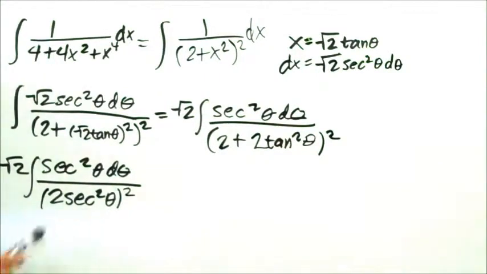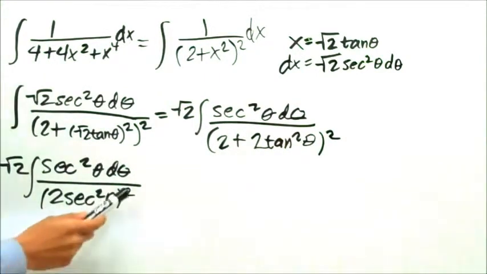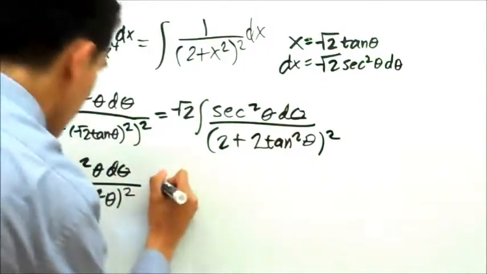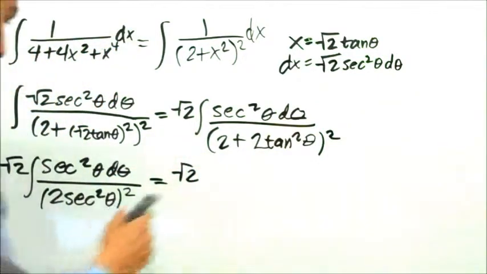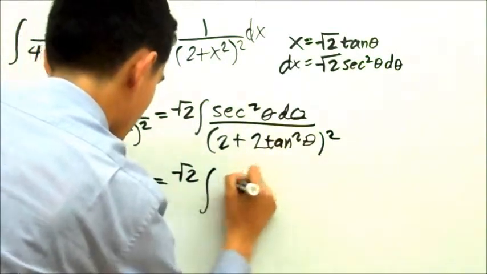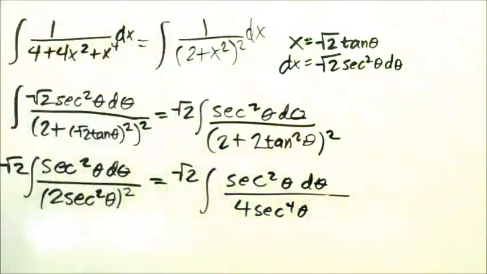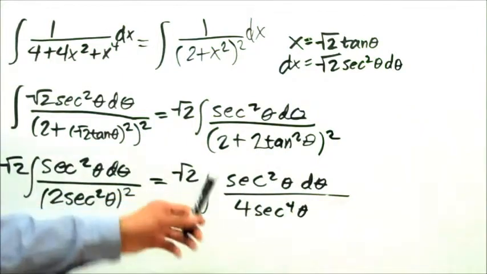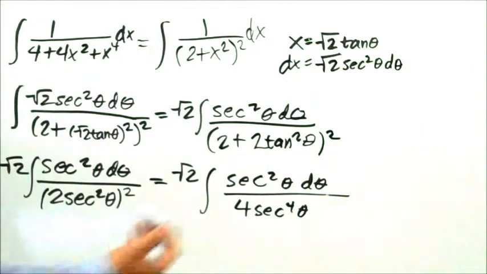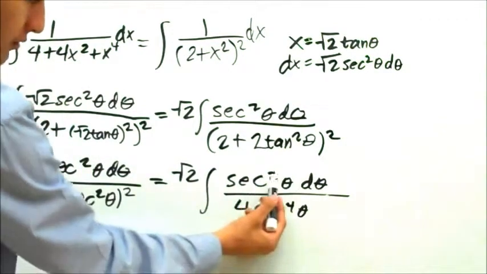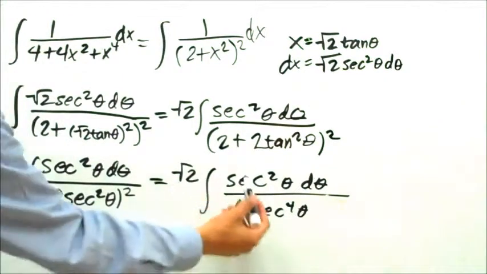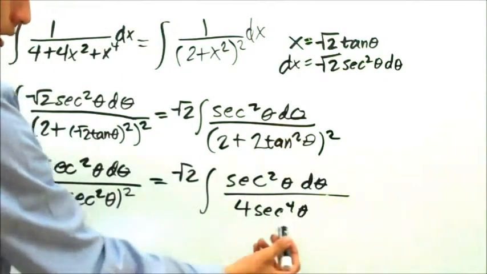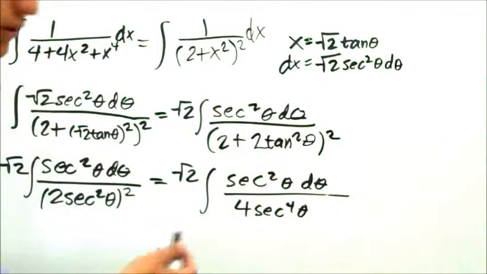So we still have our denominator squared, so to get rid of the square we can just make this 4 secant 4 theta. So we're getting closer to our answer. Now we'll pull this 4 out in front, and we're left with secant squared theta over secant 4 theta, which reduces to 1 over secant squared theta, and that's the same thing as cosine squared theta.